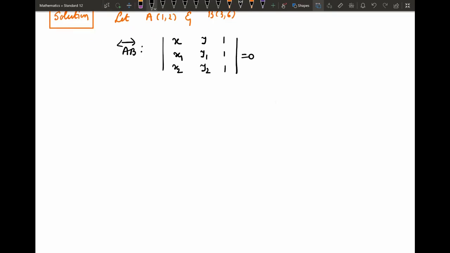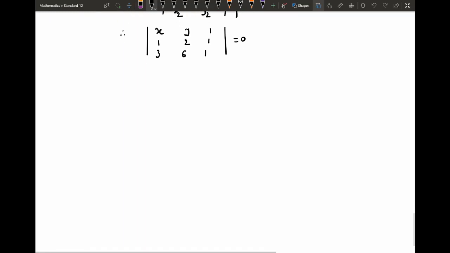So therefore determinant x y 1, 1 2 1, 3 6 1. So now let us expand this to find the equation of line AB.